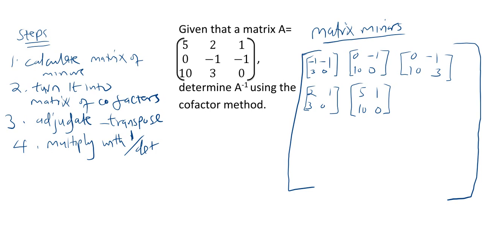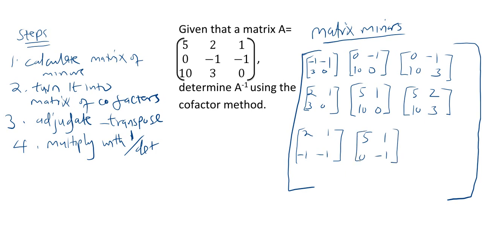Then we have 5, 2, 10, 3. We write for the last row 2, 1, negative 1, negative 1. We have 5, 1, 0, negative 1. Then 5, 2, 0, negative 1.